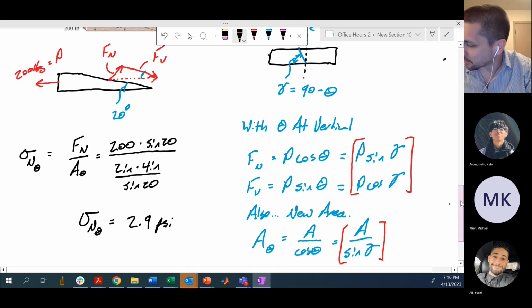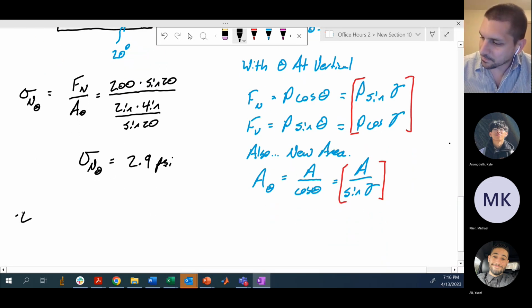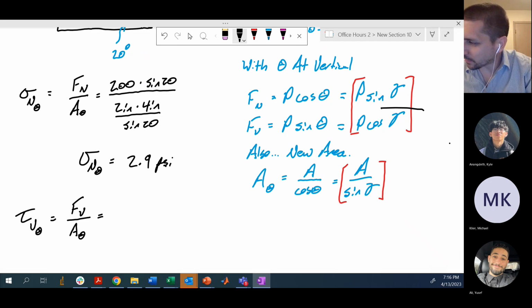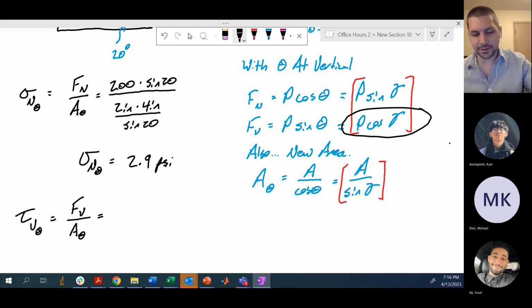Similar concepts and ideas for the shear on that plane. It's going to be that shear force, FV, over the modified area, A theta. In this case, the shear force will use the cosine of 20, because again, we're using that complementary horizontal angle.